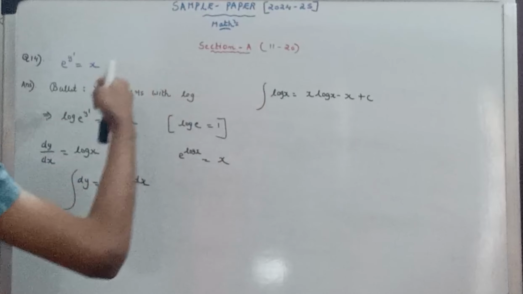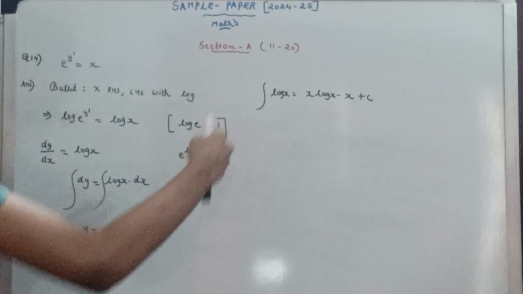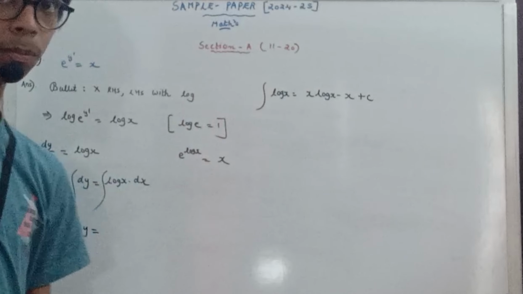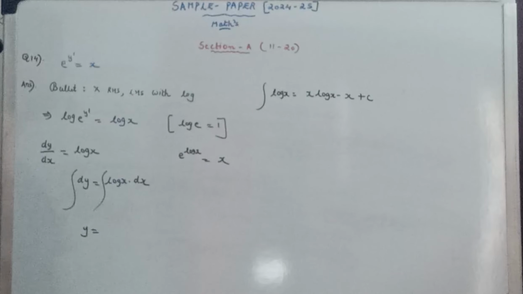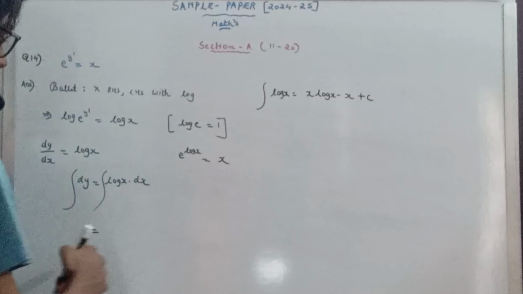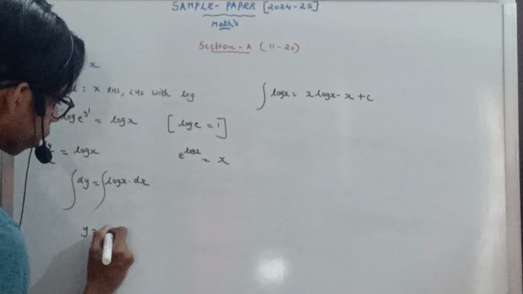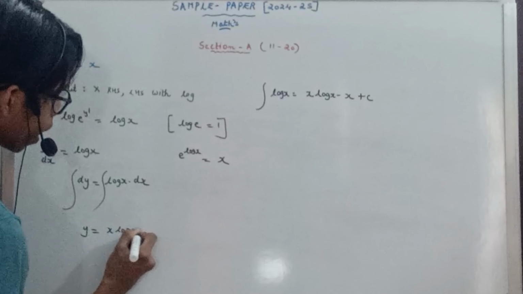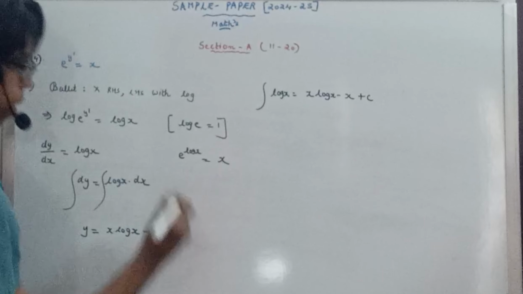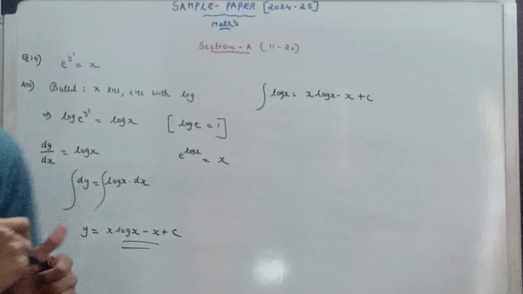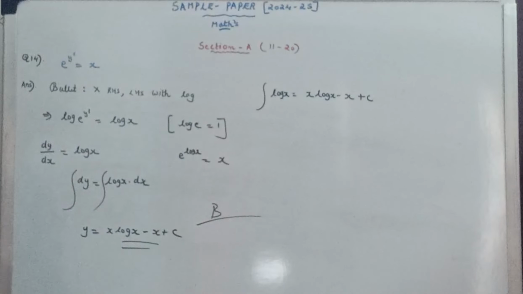But for such a simple MCQ, doing integration by parts would be a very lengthy step, so just memorize it. So we get y is equal to x log x minus x plus c. Option B is the right answer.